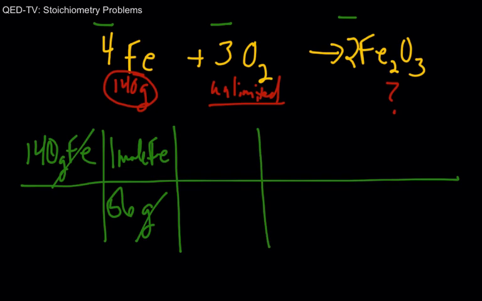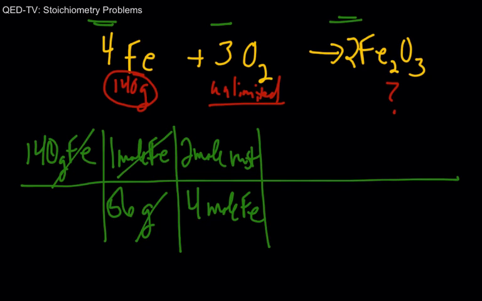For every 4 moles of iron, would I put that on the bottom or the top? I need moles of iron to cancel out, so I'm going to put it on the bottom. For every 4 moles of iron, I will be able to make 2 moles of rust. So my moles of iron cancel out, and now I'm in moles of rust.